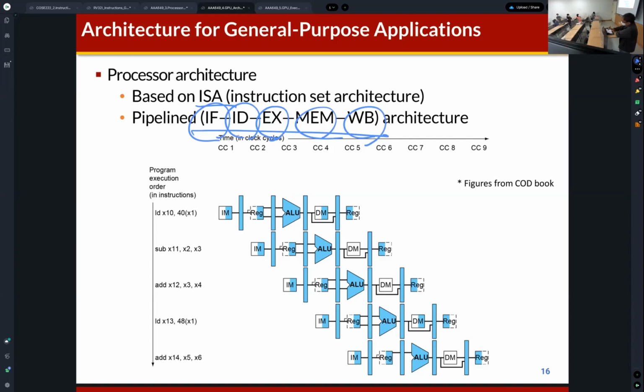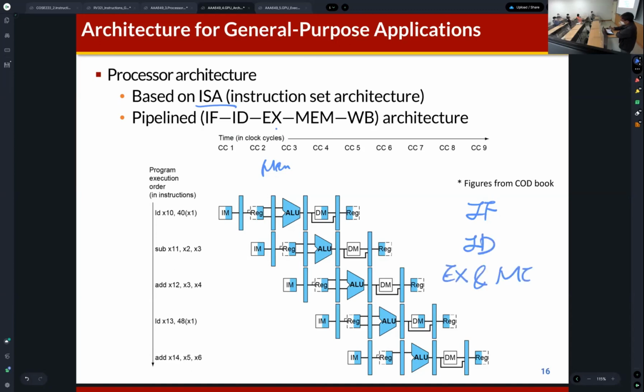In modern architectures, the execution part and the memory part can be executed in parallel. But we can say that in order to execute a certain instruction, we require instruction fetch, instruction decoding, execution, memory, and write back. So why do I explain this?